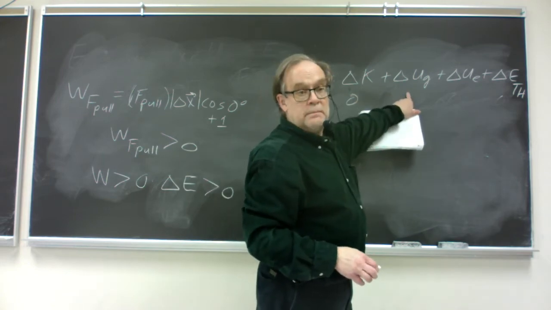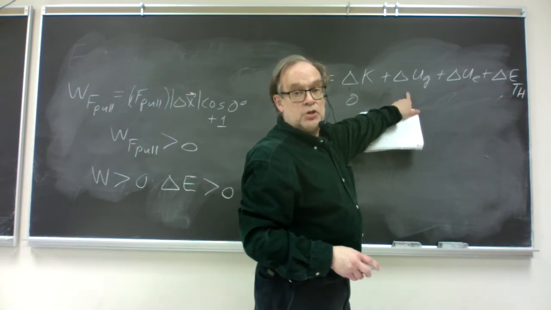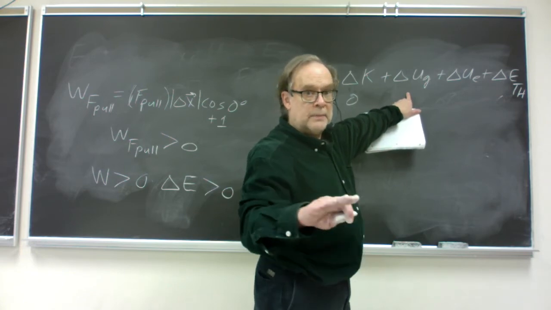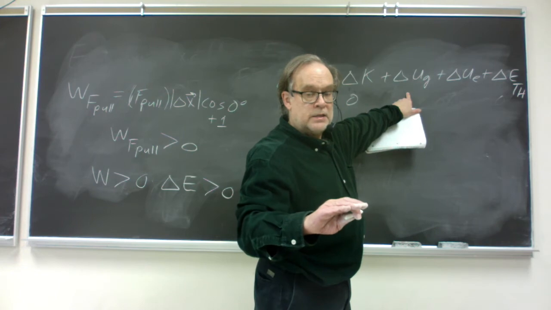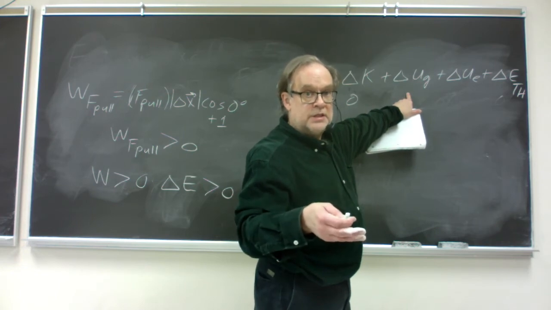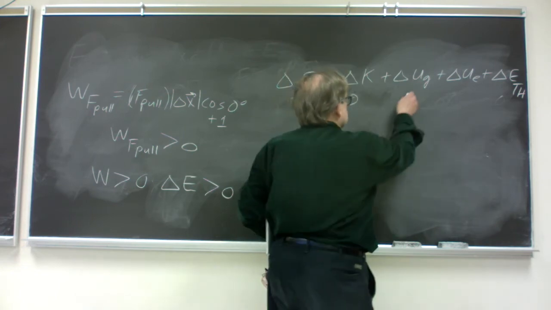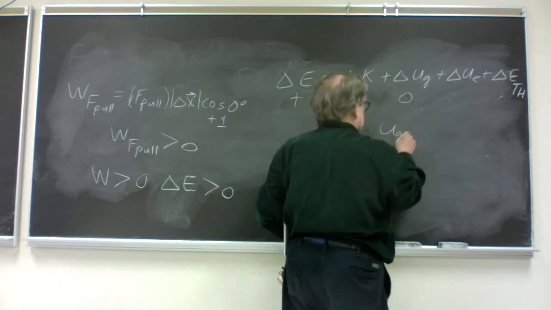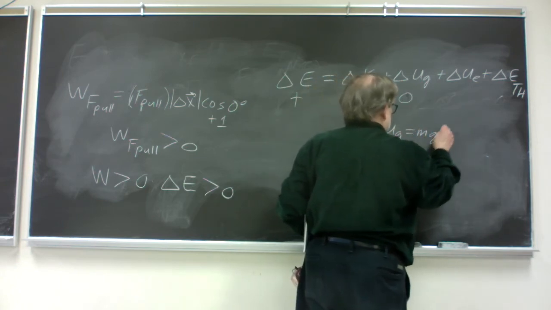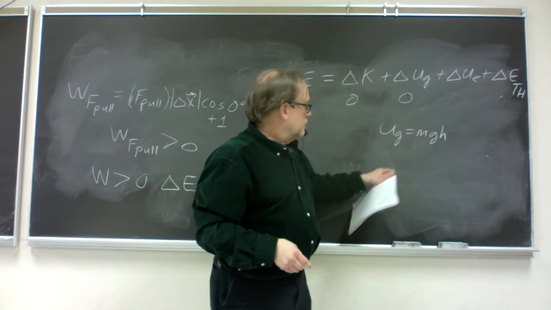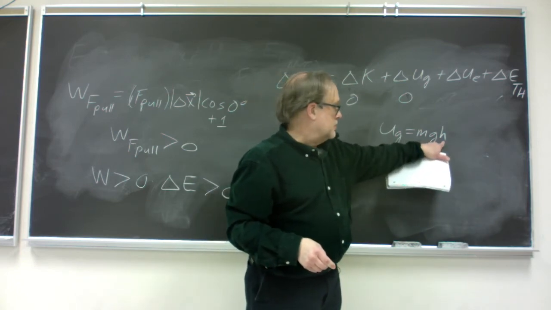No change in the gravitational potential energy because everything happened horizontally. That is, the elevation did not change. Gravitational potential energy is mass times g times elevation.